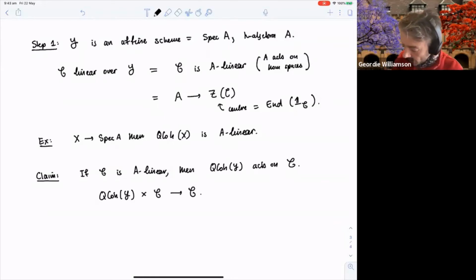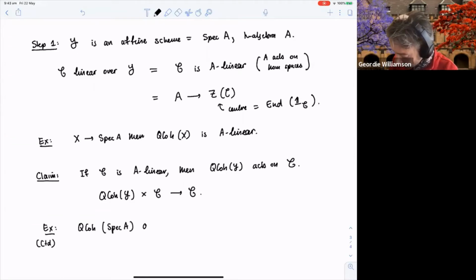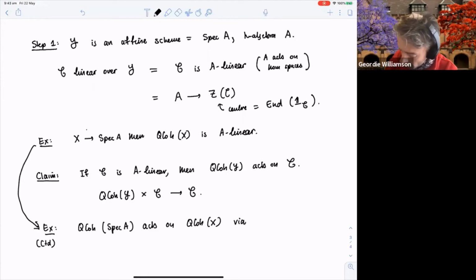And just our example continued up here is that quasi-coherent sheaves on spec A acts on Q co of X via pullback and tensor.